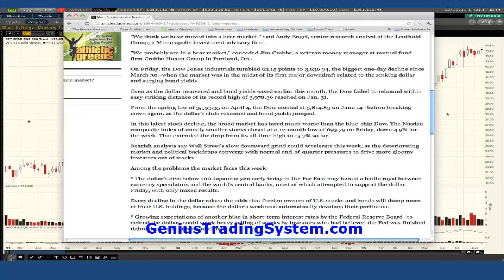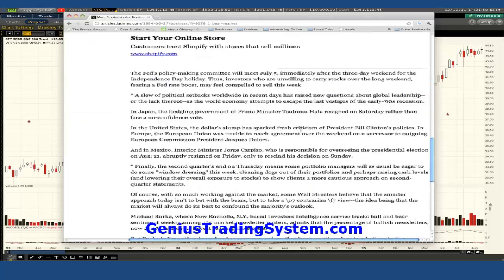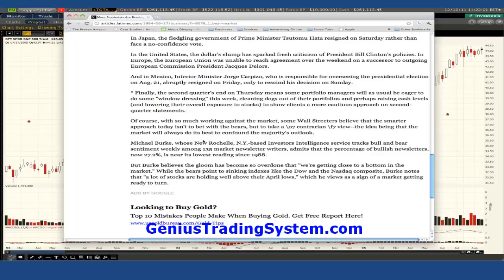However, if we go down towards the bottom of the article, there's a very interesting observation by Michael Burke from Investors Intelligence, who tracks bull and bear sentiment across 135 market newsletter writers. And he admits that the percentage of bullish newsletters is now only 27.2%. It's near the lowest reading since 1988.